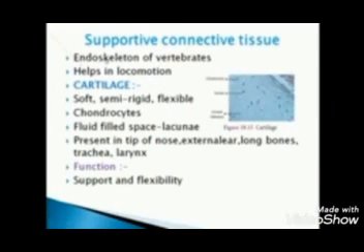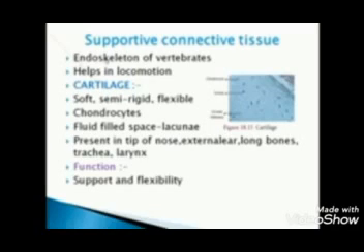Now the next one is the supportive connective tissue. The supporting or the skeletal connective tissues form the endoskeleton of the vertebrate body, which protects various organs and helps in locomotion. Cartilage: they are soft, semi-rigid, flexible and are less vascular in nature.